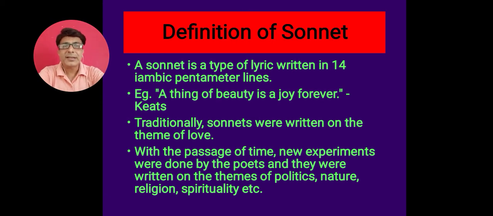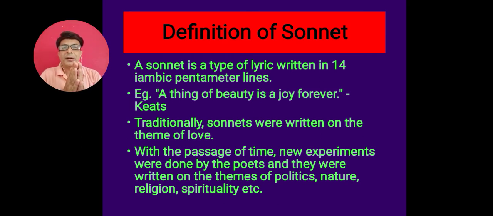But before we discuss that poem, let's recollect what a sonnet is, and then we will move on to discuss the poem. Remember that a sonnet is a type of lyric, a poem written in 14 lines, and most of the lines are iambic pentameter lines.